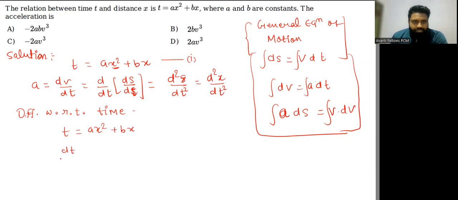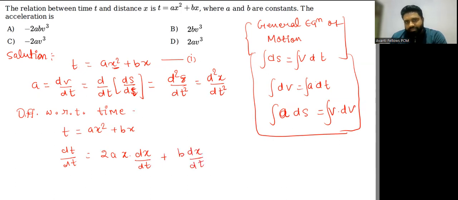Now this will become dt by dt, this expression will be 2ax, and then we have to differentiate x, that is dx by dt, plus b into dx by dt. This is equal to 1, 2ax dx by dt plus b dx by dt.